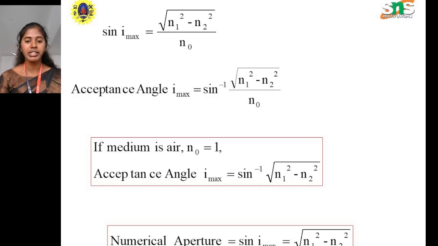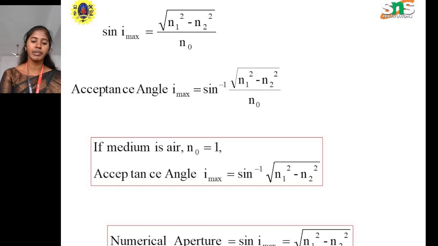If the medium is air, its refractive index value is 1. Substituting N0 equal to 1, we get the acceptance angle I max equal to sine inverse of the square root of N1 square minus N2 square. We know the numerical aperture is the sine of the acceptance angle, so sine of I max is equal to the square root of N1 square minus N2 square. These two are the equations of the acceptance angle and the numerical aperture.